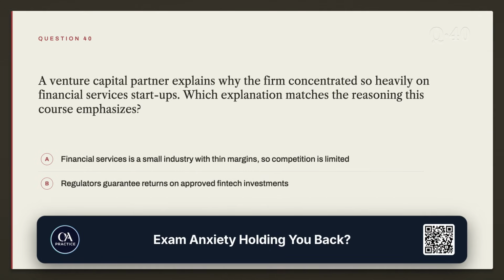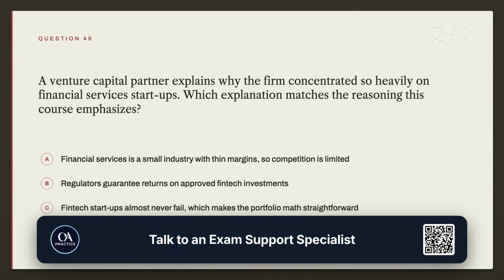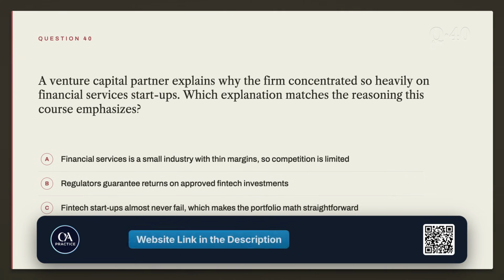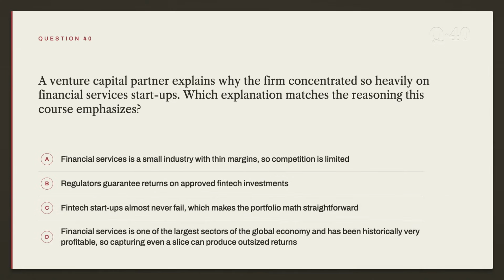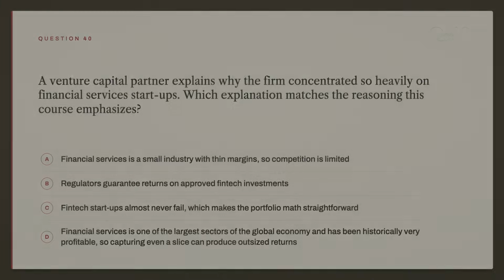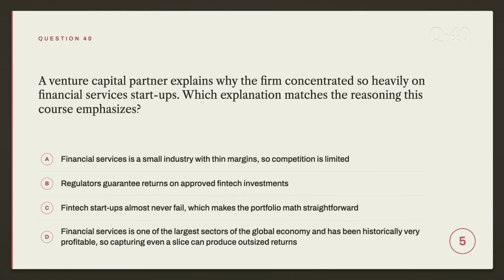B. Regulators guarantee returns on approved fintech investments. C. Fintech startups almost never fail, which makes the portfolio math straightforward. D. Financial services is one of the largest sectors of the global economy and has been historically very profitable, so capturing even a slice can produce outsized return. Got a guess? Lock it in.